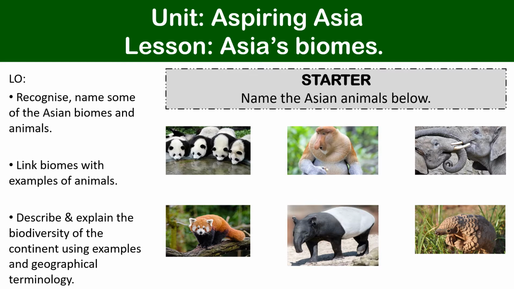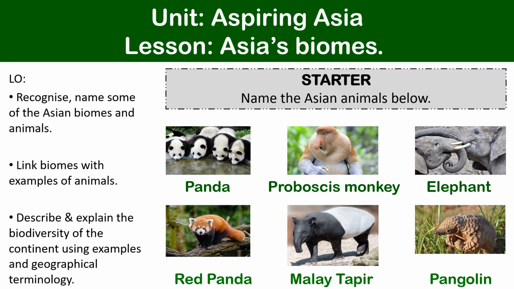You might be able to remember from our epic ecosystems in year 7 some of these words such as biomes and biodiversity. We will be talking about this in some more detail over the next few slides. Have a little look at those images. What do you recognise? And let's see which ones that you've got right.